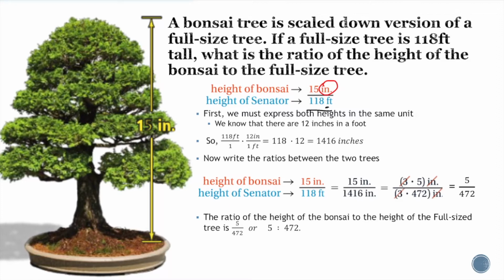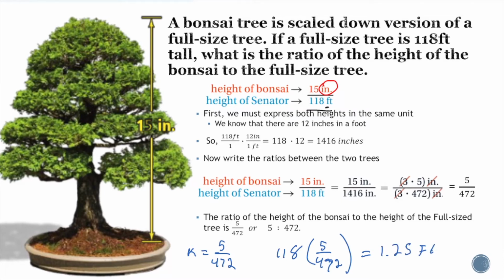Now, if you're wondering why this is significant, well, my scale factor is 5 over 472. And if you remember our lesson on dilation, we essentially shrunk this 118-foot tree down to 15 inches. If you wanted to check your work, you would simply take the 118 feet, multiply that by your scale factor, and that would be 1.25 feet.